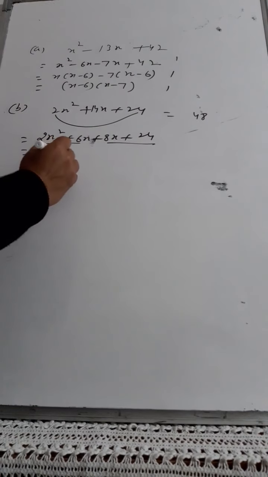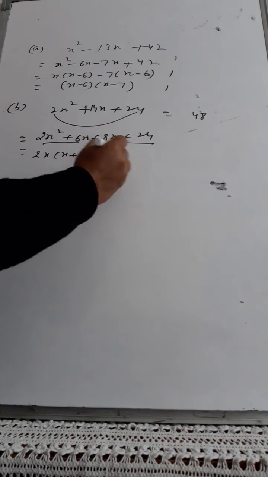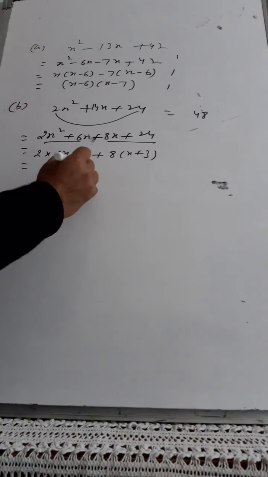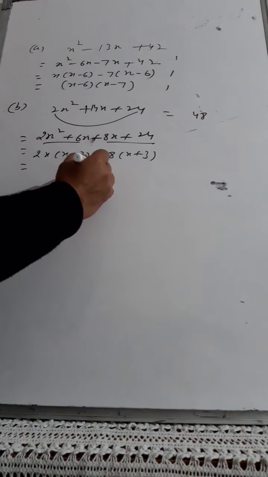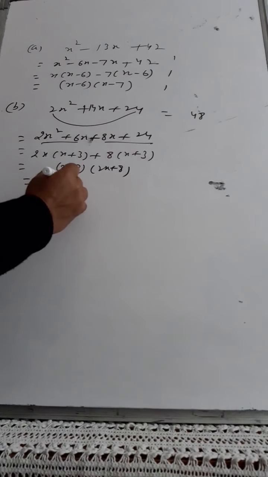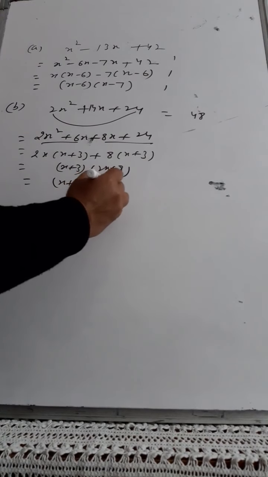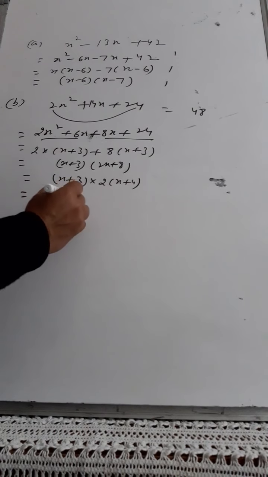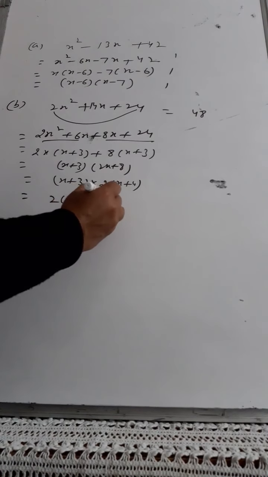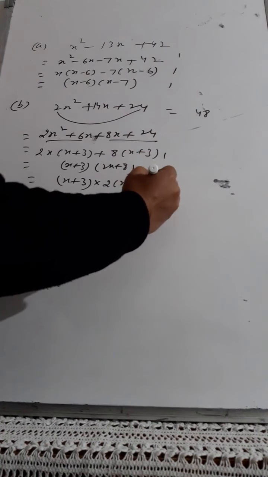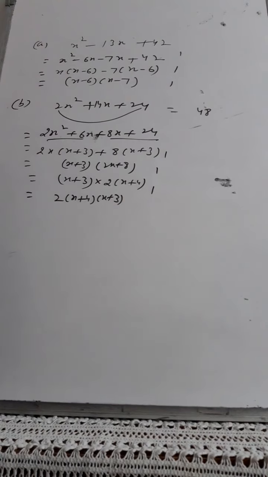Again you can take 2x common, x plus 3, plus 8 common, again x plus 3. So your answer will be x plus 3 into 2x plus 8. If you want to take 2 out, because 2 is common there, you can write 2 into x plus 3 into x plus 4, or you can leave your answer as it is, no issues. So 1, 1 and 1, 3 marks you can give in that way.